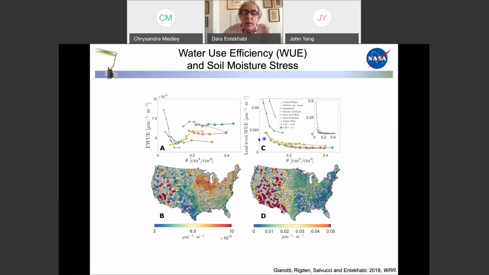Now, this has been observed in chambers in laboratories where you take plants, put them in a chamber, stress them, and measure the carbon water exchange as a function of what you're stressing them with. There are lots and lots of these studies in plant physiology journals. Here's just one example. And they also show this hyperbolic behavior, but this is now in a mapped global setting rather than a chamber.